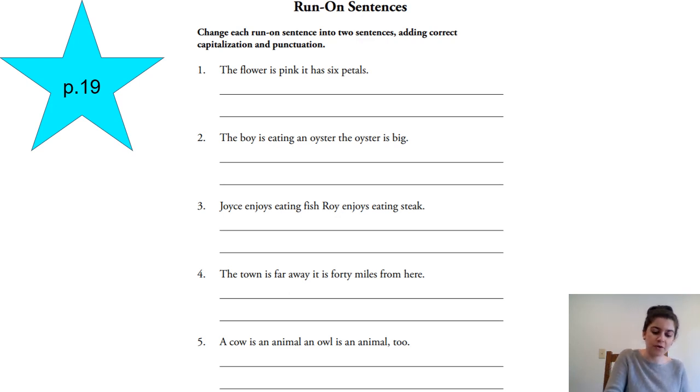So that's going to be my first sentence. Capital T, the flower is pink. Period at the end. You can go ahead and write that down on your paper. Remember, if I'm going too fast, you can press pause on the video while you're finishing writing.